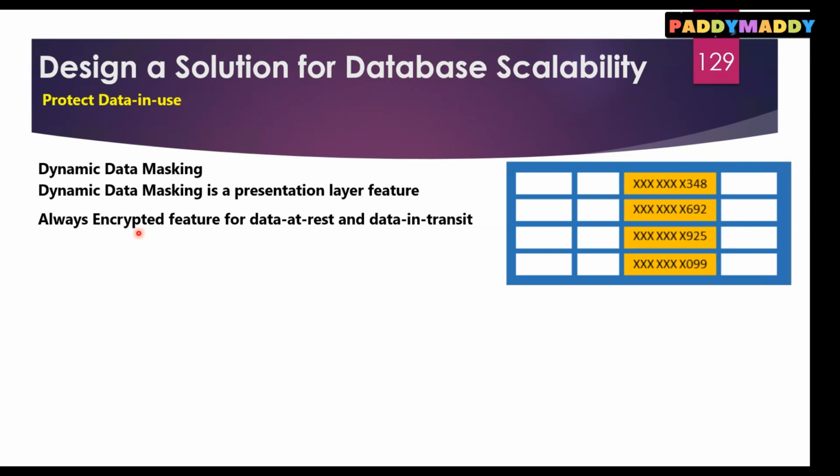Many steps are involved in the Always Encrypted method, but if you just look at it, it uses two types of keys. One is the column encryption key, and the other is the column master key. The column encryption key is used to encrypt the data in the column, and the column master key is a key-protecting key that encrypts one or more column encryption keys.